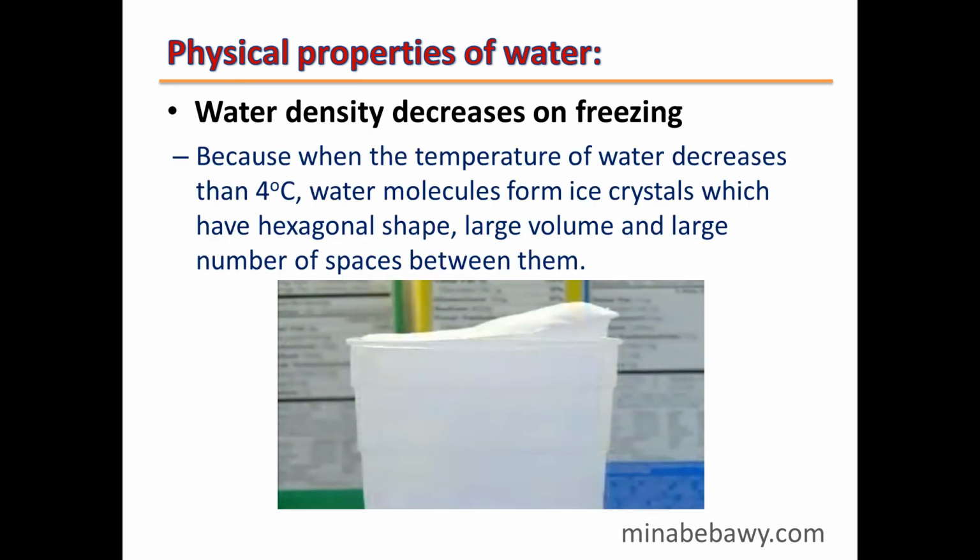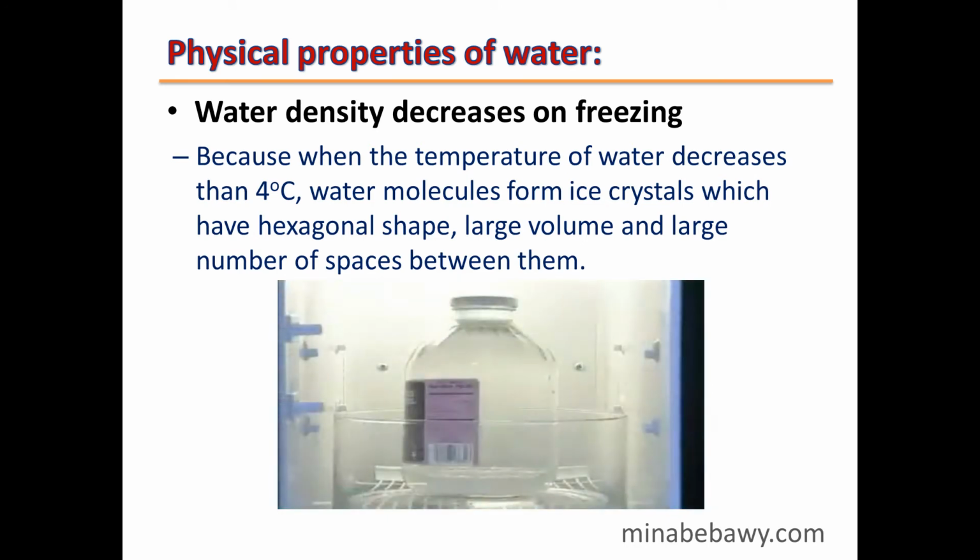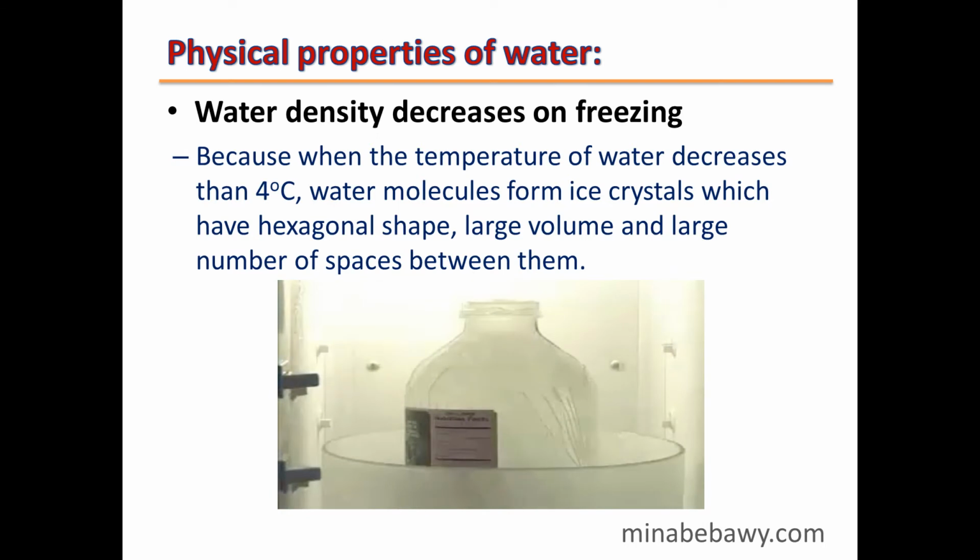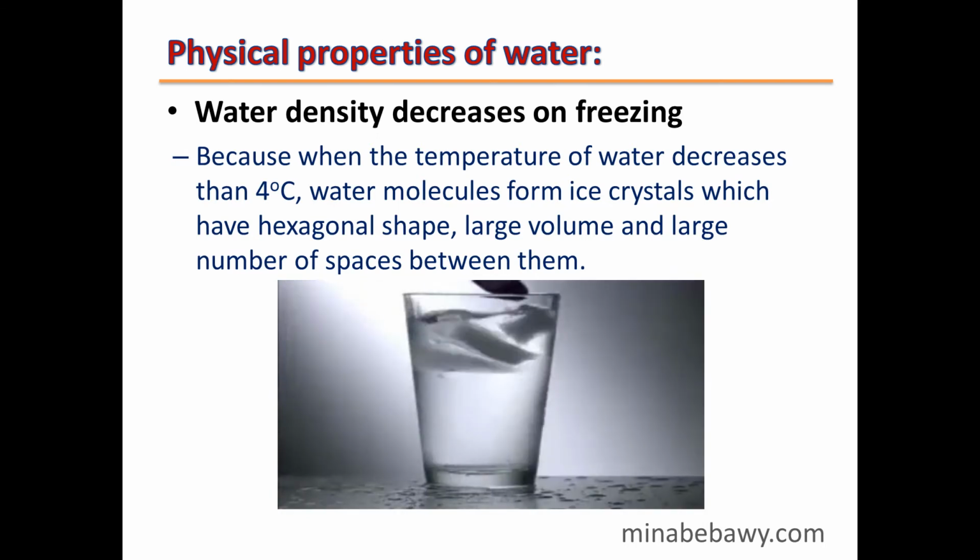This is because when the temperature of water decreases than 4 degrees Celsius, water molecules form ice crystals, which have hexagonal shape, large volume, and large number of spaces between them.